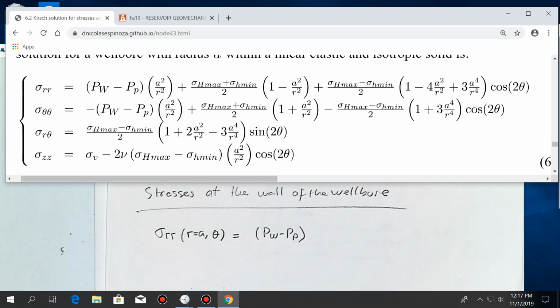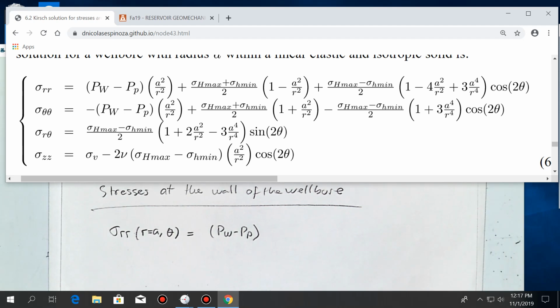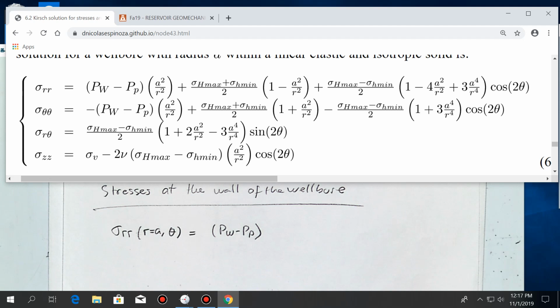And this is just going to be PW minus PP. The second term, if a is equal to r, is going to be 0. And the third term, if a is equal to r, is going to be 0 too, because it's just going to be 1 minus 4 plus 3, that's going to be 0.